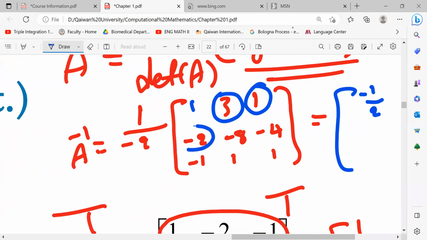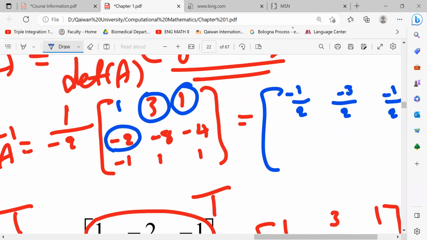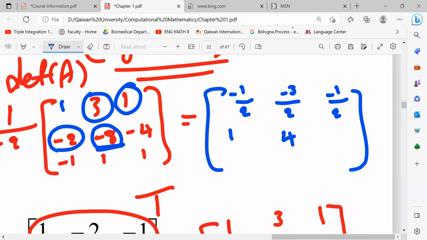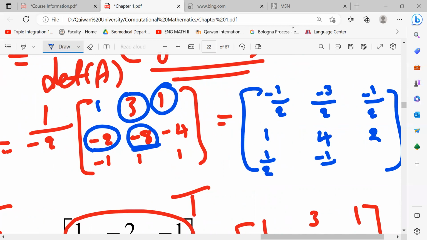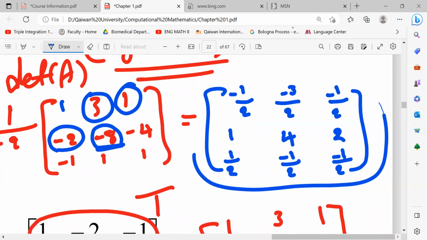Then this element is positive 1, since -2 divided by -2 is 1. -8 divided by -2 is 4. Then -4 divided by -2 is 2. And the last row is 1/2, -1/2, and -1/2. This matrix is called the inverse of matrix A.